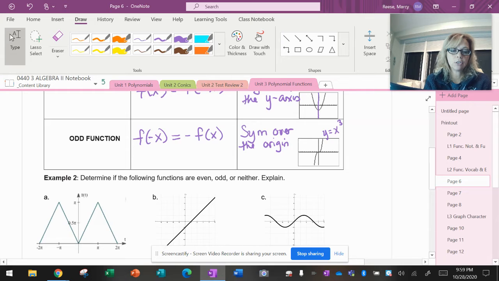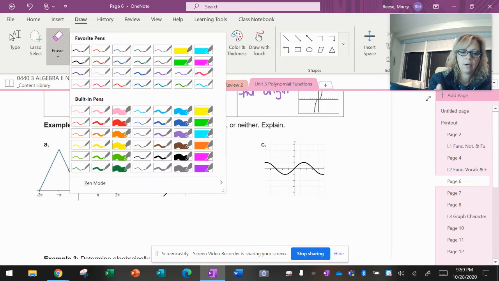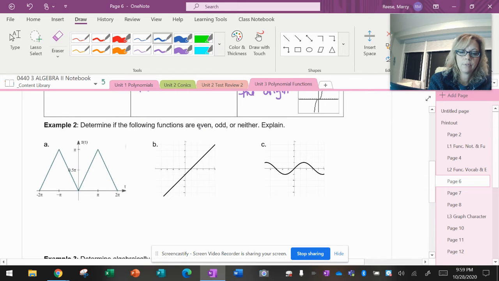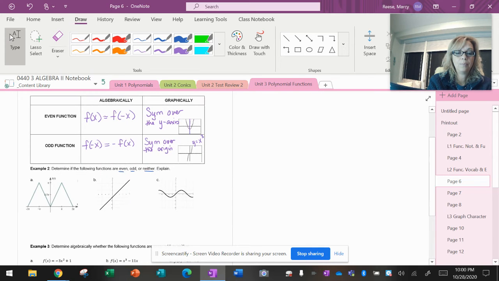Okay, so let's actually do this. Let's determine if the following functions are even, odd, or neither, and then we have to explain. So I'm going to look at A. If I were to fold that at the y-axis right now, that absolutely would be symmetric.